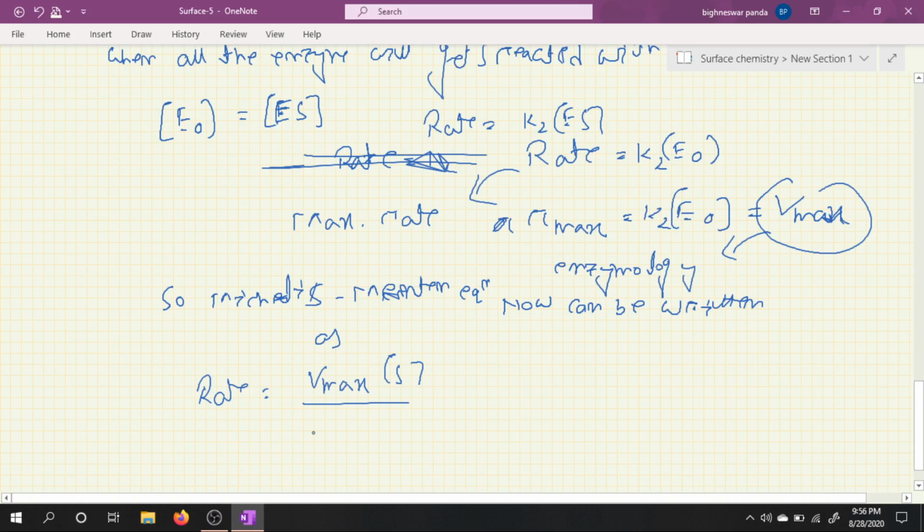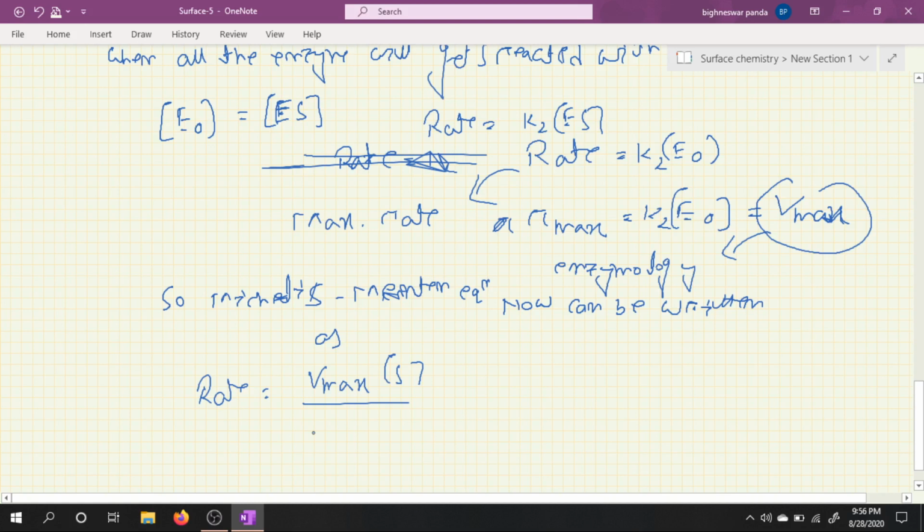So here two cases arise. For case 1, consider Km is very much greater than S, that means S is negligible as compared to Km.